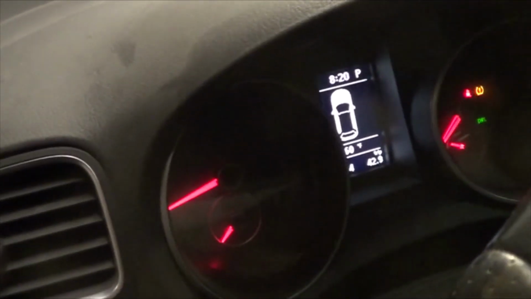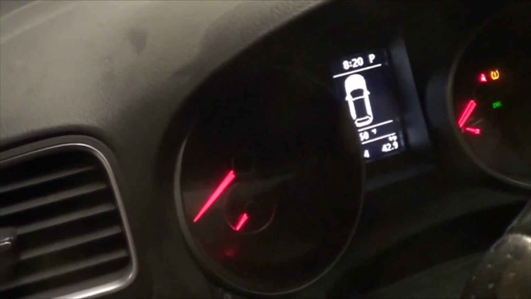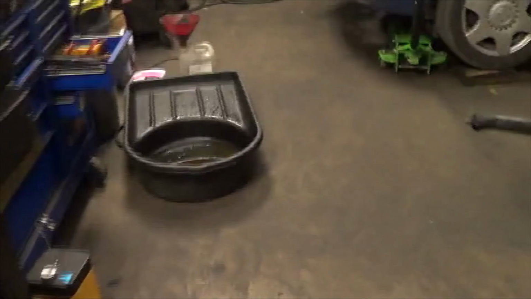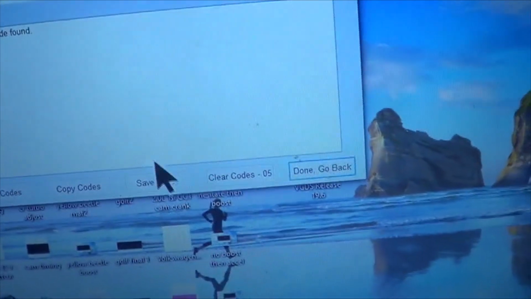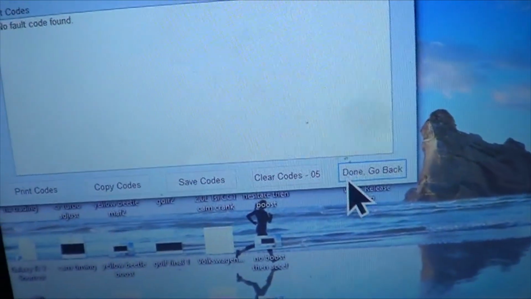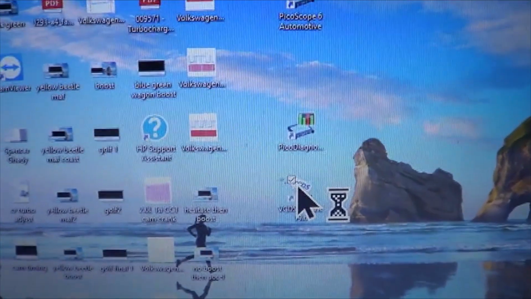Surging an awful lot. Still dying. Still surging and dying. Let's see if the code reoccurred.